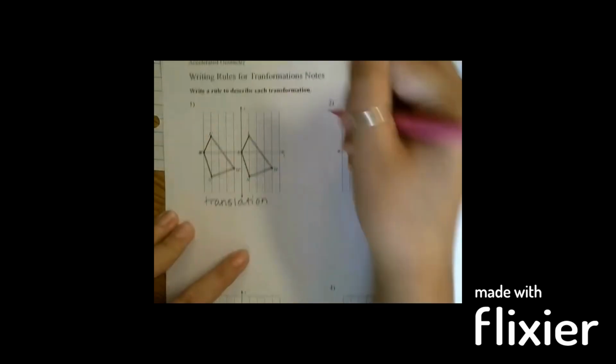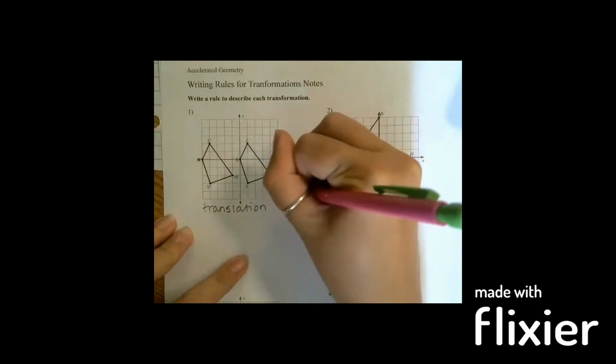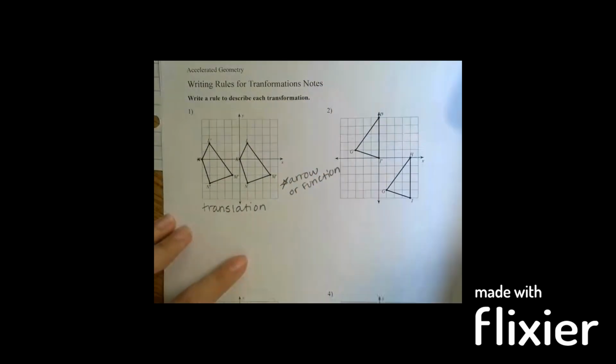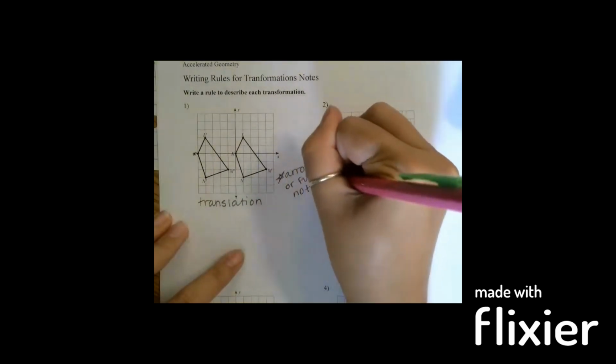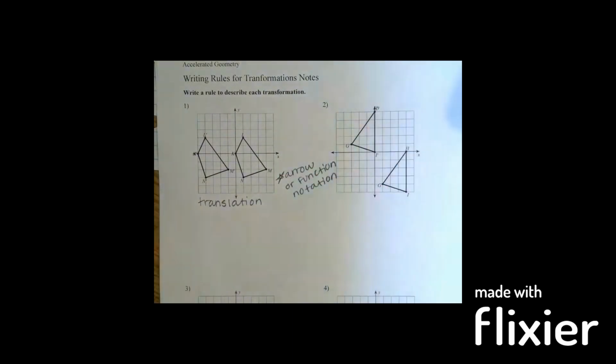Okay, this is going to be our arrow. We'll put a little star by it. Arrow or function notation. Either one of these, they mean the same exact thing. It's just 2 different ways you might see it, okay?